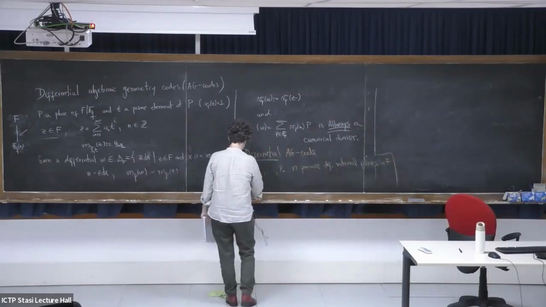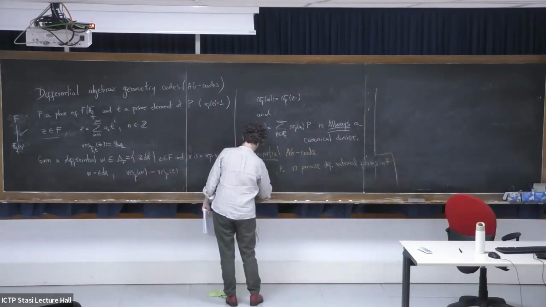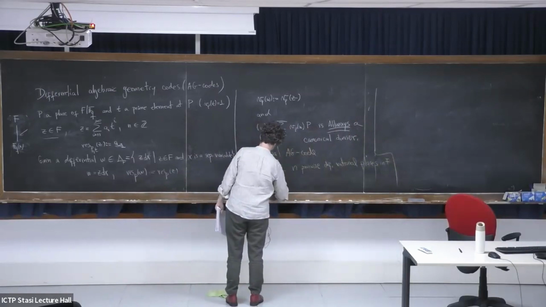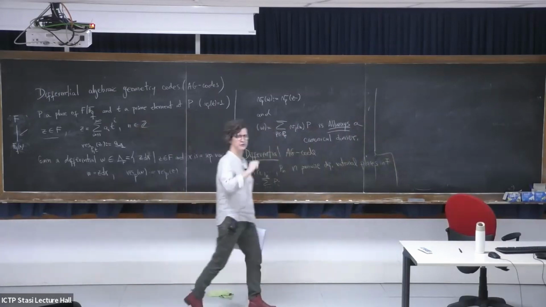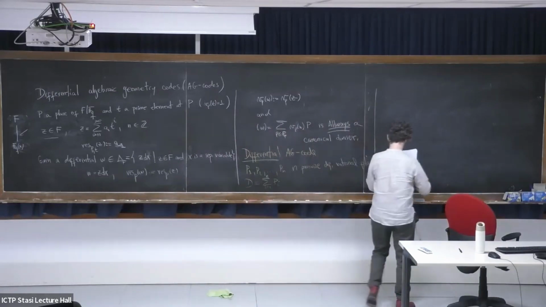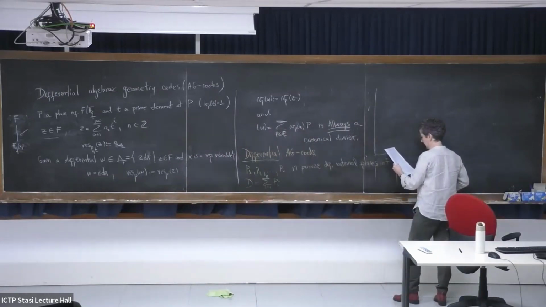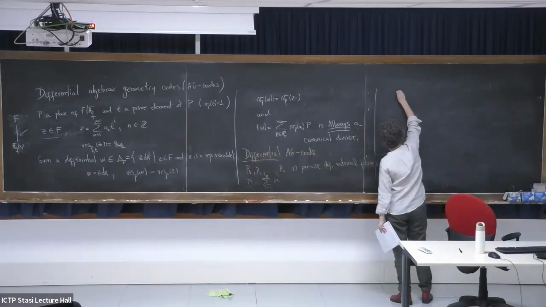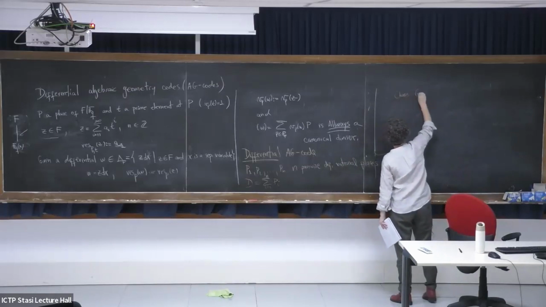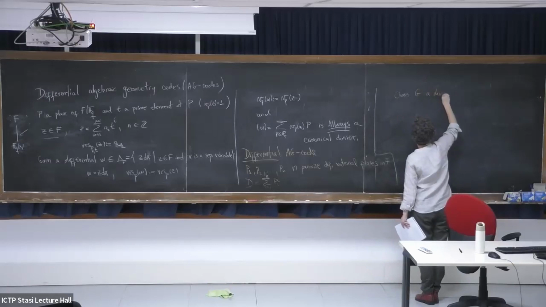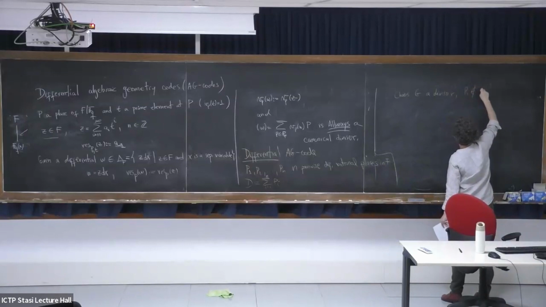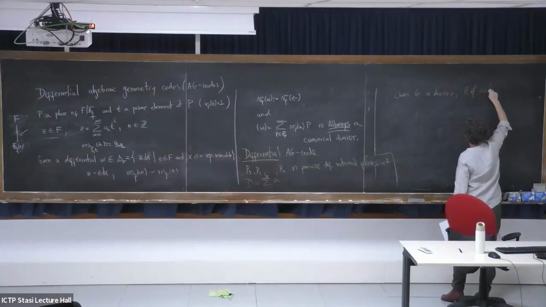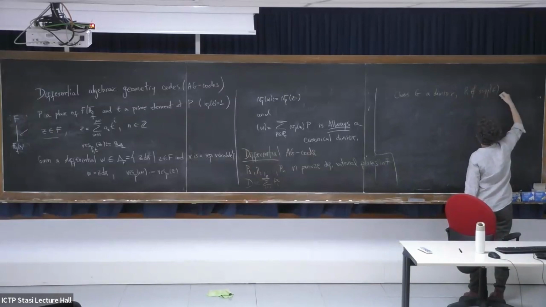And well, we let now D be the sum of these guys. So you consider the divisor D, that is just the sum of these rational places. And now you choose G, a divisor such that Pi is not in the support of G for any i.